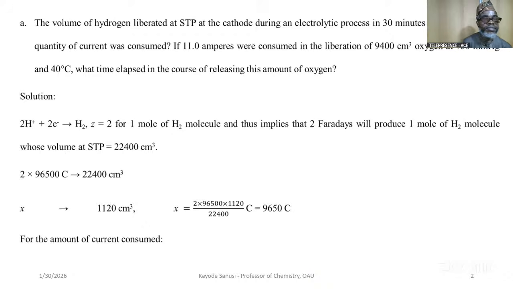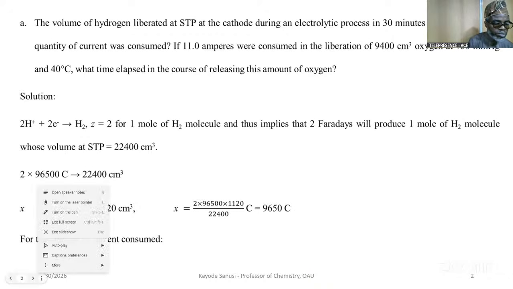From the way the question was put, you will realize that the process is supposed to be guided by the first law of Faraday, which states that the mass deposited or dissolved at the electrode is directly proportional to the quantity of electricity that is passing through the electrolyte.